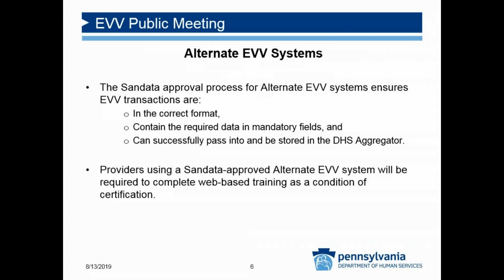So again, if you are using or plan to use an alternate EVV system, you need to go through an approval process with SANdata to ensure that they can capture that EVV data and feed it into the DHS aggregator.